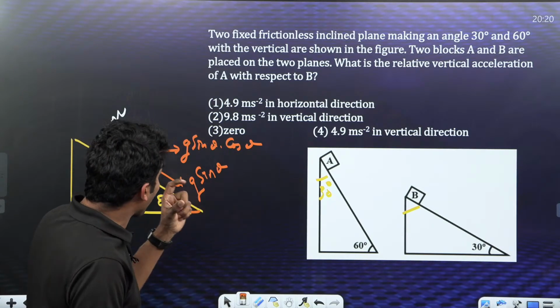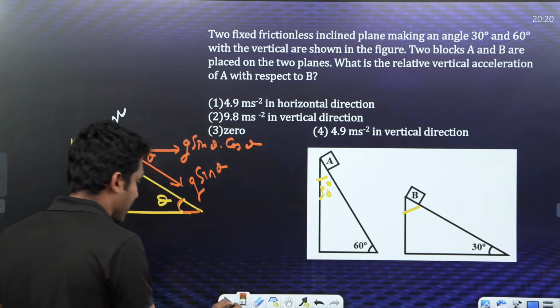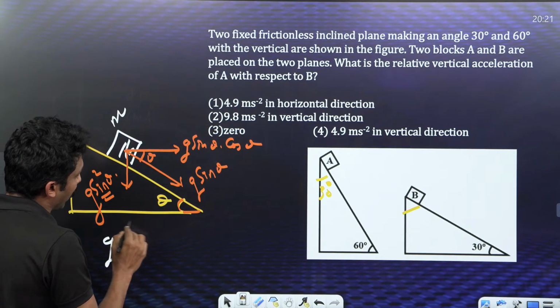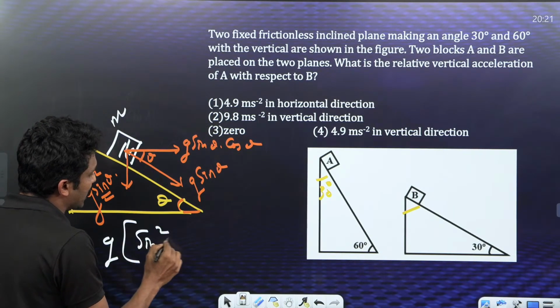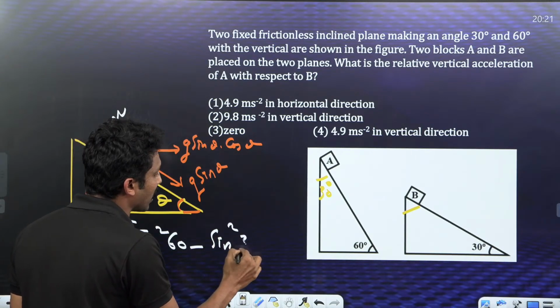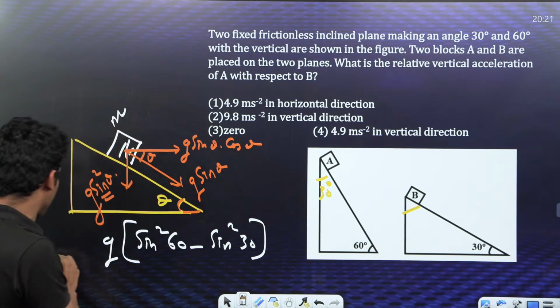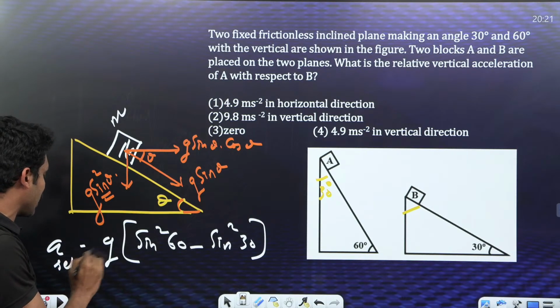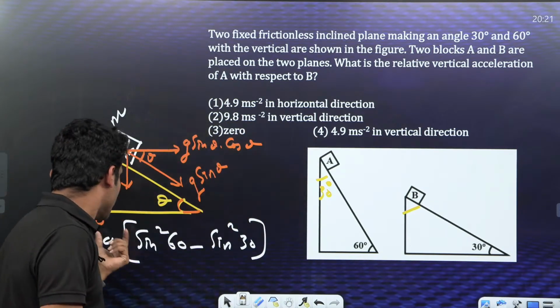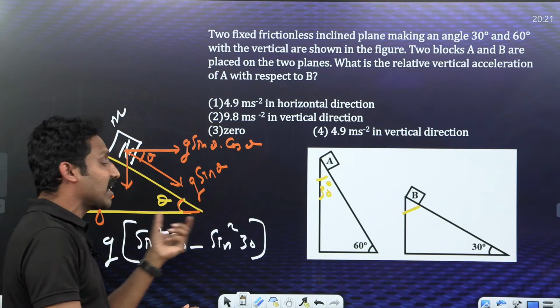Okay, so what is the relative vertical acceleration? The relative vertical acceleration is g sine square 60 in this case minus g sine square 30 in the second case.